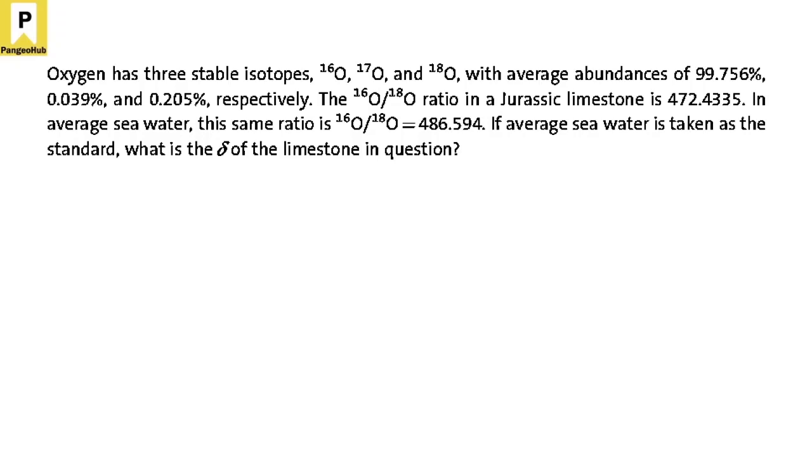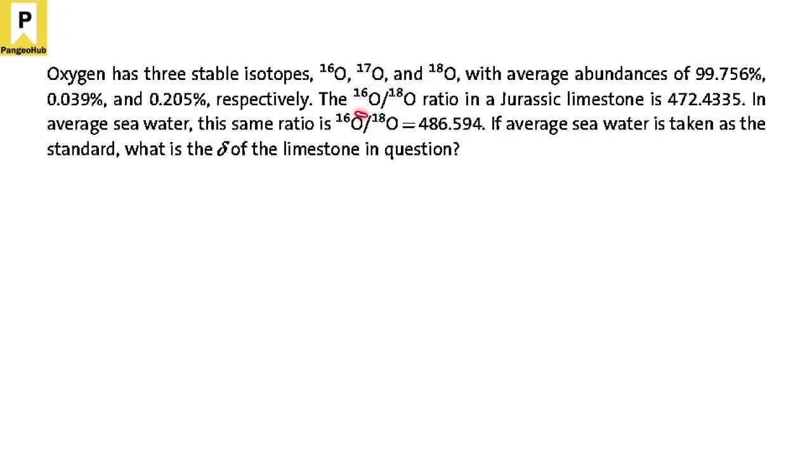First you have to see this ratio and this ratio, and we have to find out this delta. Now it's a tricky question. Why tricky? Because we cannot use this ratio here as it is.